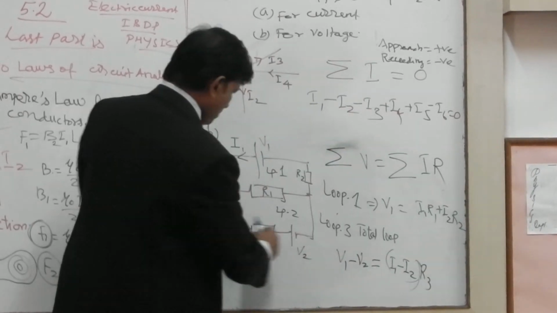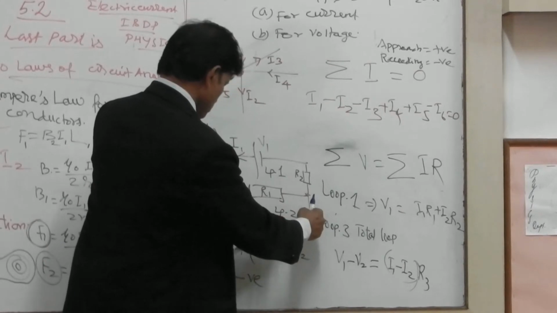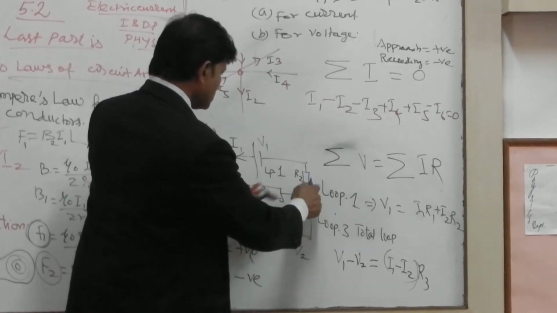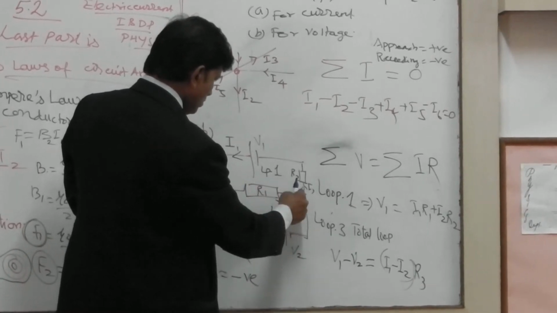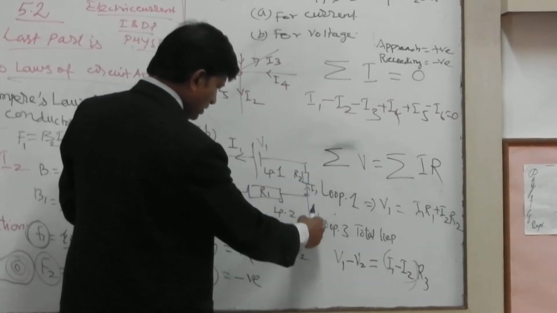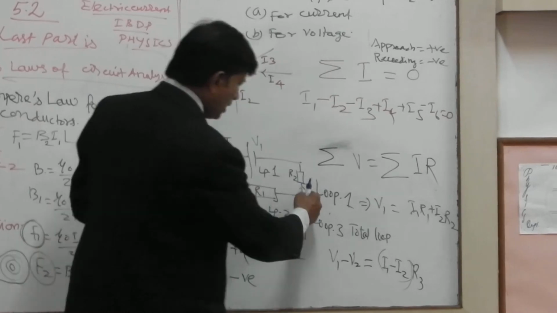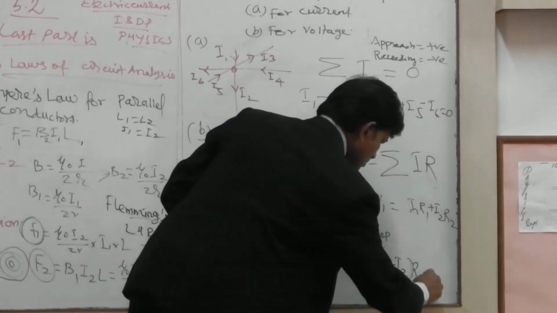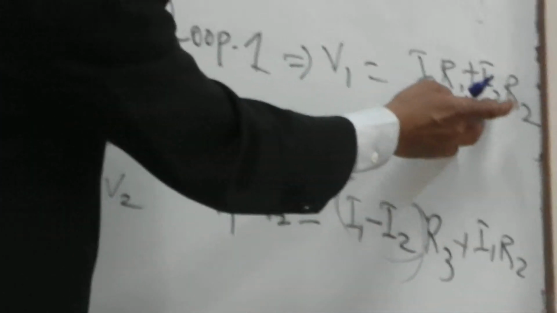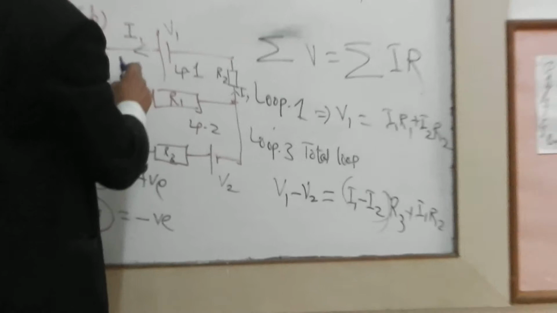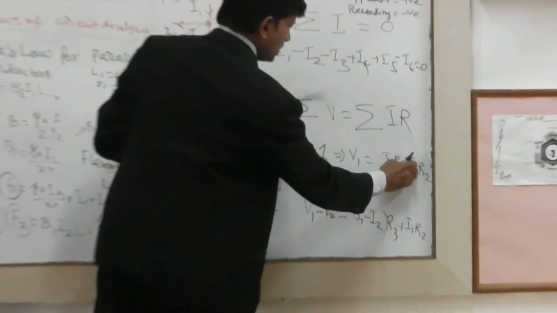And then when I come here, I1 is here, but this current will not go here, it will be coming down here. So it is I1 R2. This I1 R2 is the same as this. It should be I1 R2.